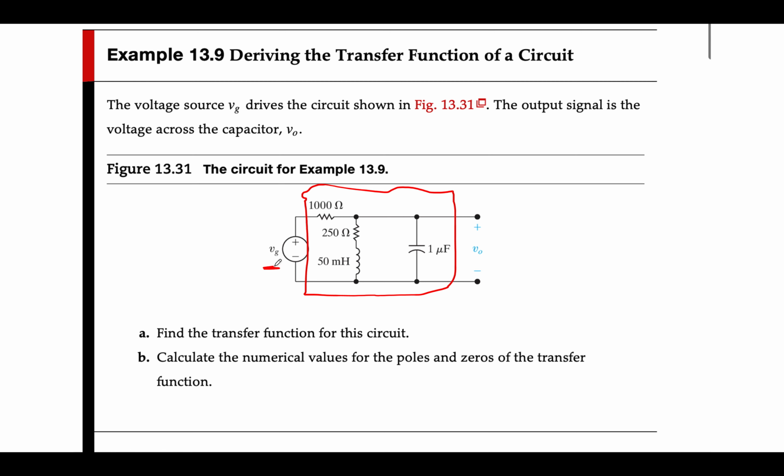Also, when we work with transfer functions, you notice this voltage is at the moment not specified. So because the voltage is not specified, we're just going to transform that to Vg of S, and we're not going to deal with the source at this time. Also, when finding a transfer function, you have to assume that all of your initial conditions on the inductors and capacitors are zero. That is because, once again, we're finding a transfer function that is independent of external sources.